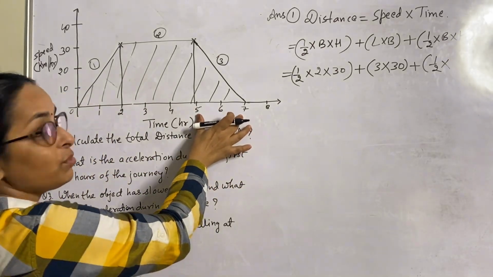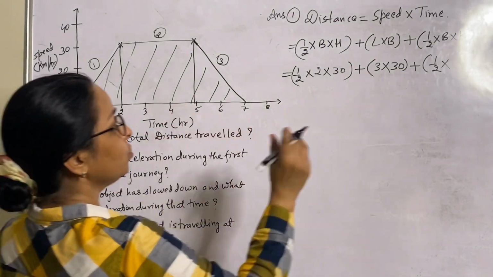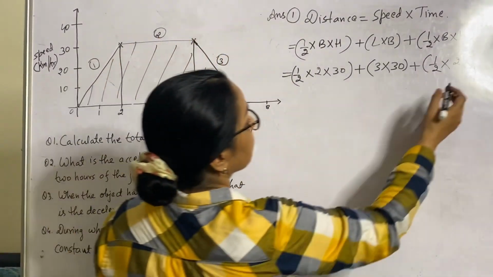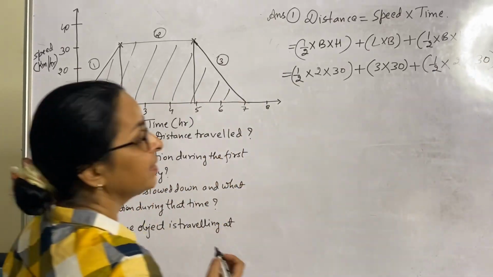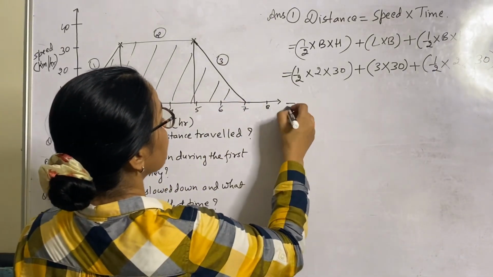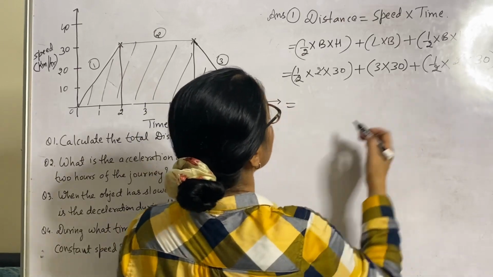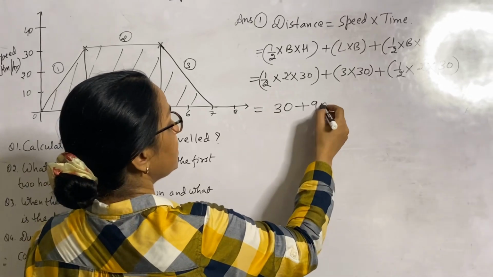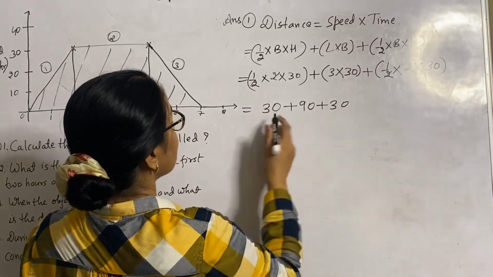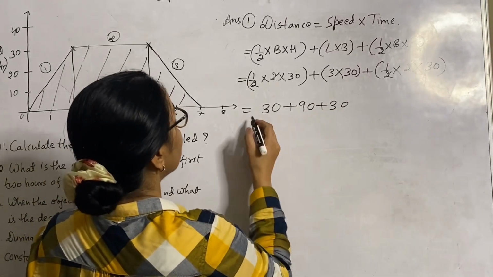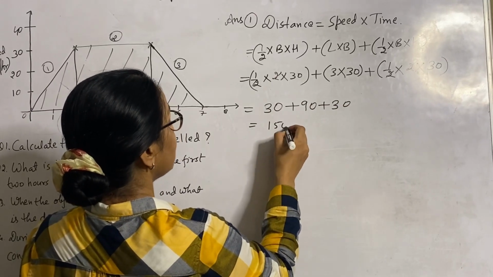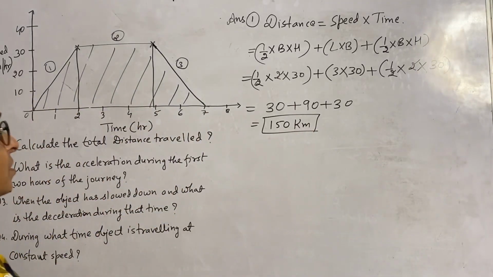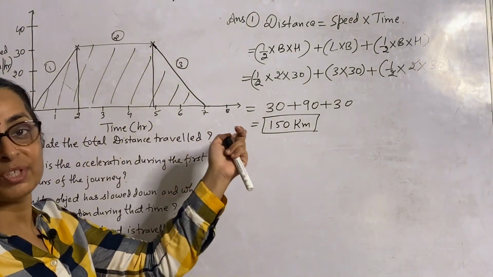The base is 5 to 7, that is 7 minus 5 is 2, and the height is 30 only. So this way, the 2 cancels out here and here also. We are left with 30 plus 3 times 30, which is 90, plus 30. So 90 plus 60 would give you 150 kilometers. This is the total distance traveled in the 7 hours of journey.